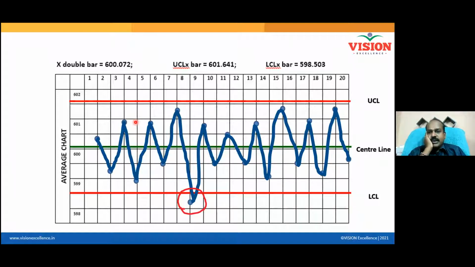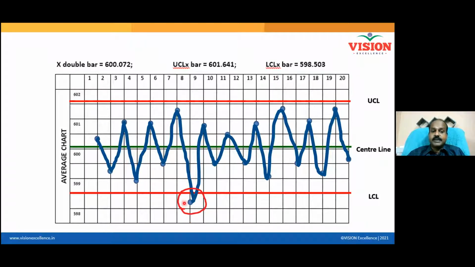So what will you do now if you observe this in your company? You are responsible for the process and your control chart gives a signal like this. Now what will you do? Particular lot we will take and reinspect, sir. Come again. The particular subgroup which is going out, we will take that lot and reinspect, sir. Very good. So this is subgroup number 8, am I right?